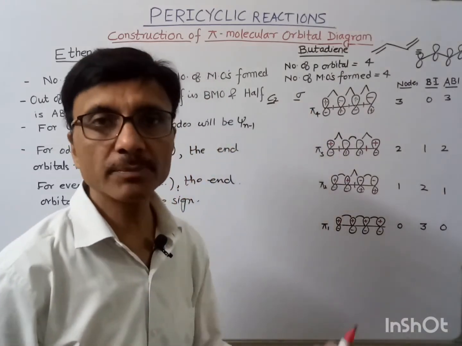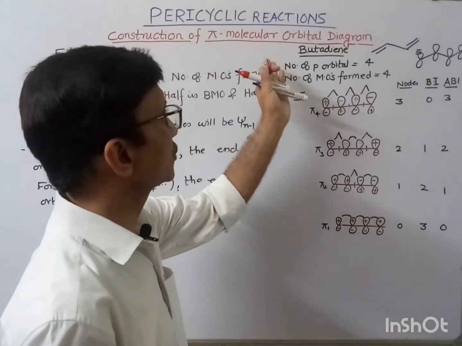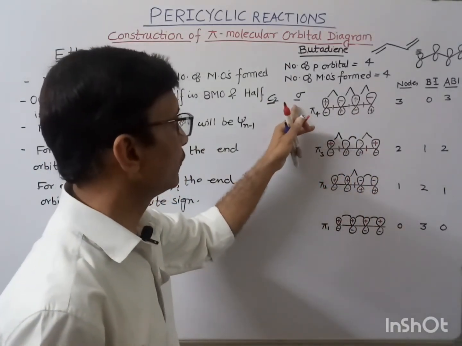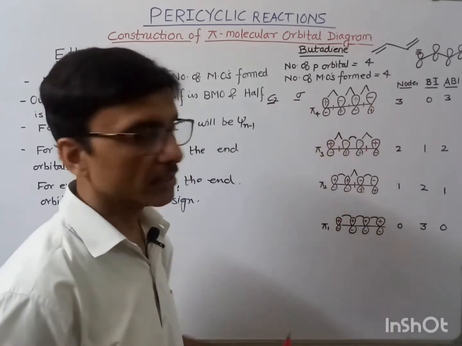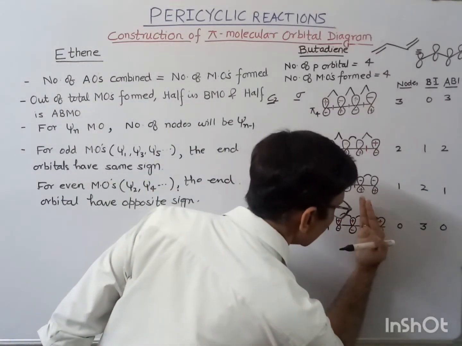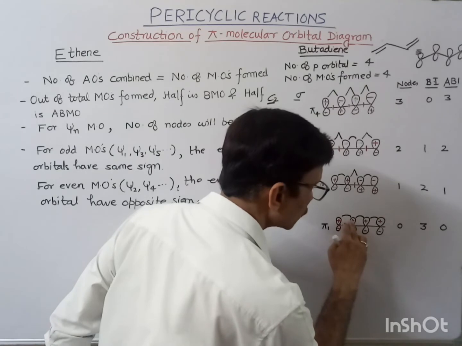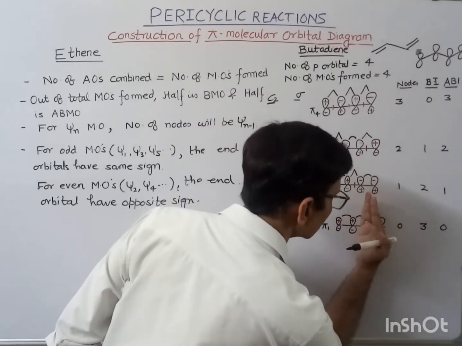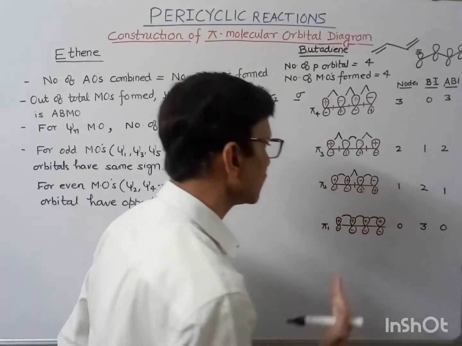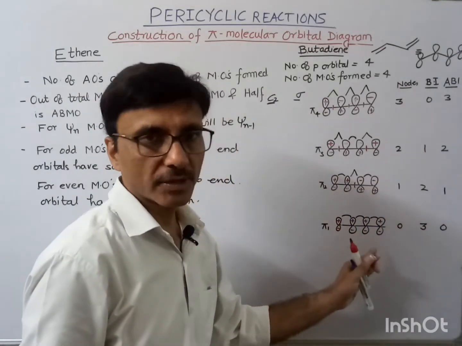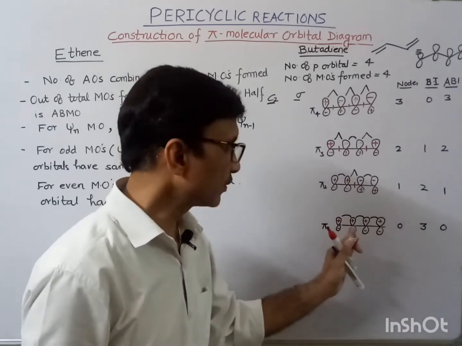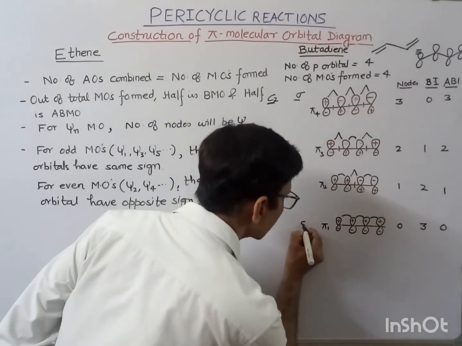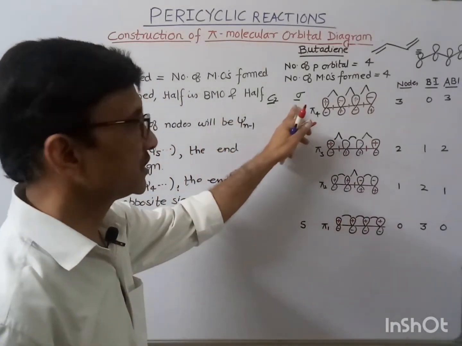As I told you in my last construction of the ethene molecular orbital, if you pass the mirror plane in the middle, then in front of plus you will find plus. So this is symmetric with respect to the mirror plane, sigma.